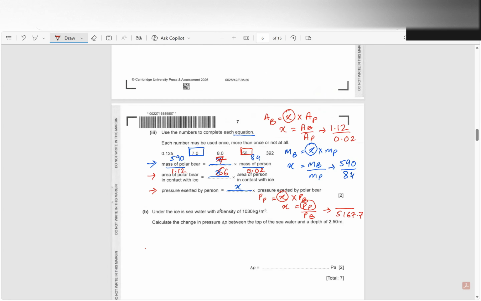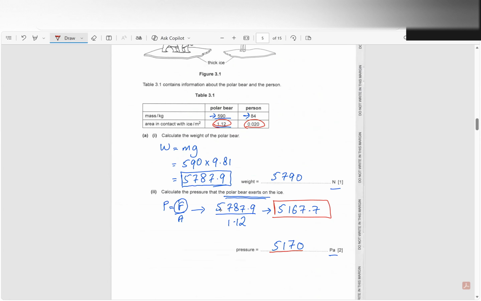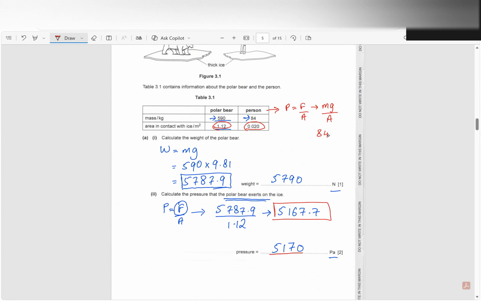To find pressure of person, we have a formula: pressure is equal to force over area. Force is going to be weight, M times G, and area as it is. Mass of the person is 84 and gravity is taken as 9.81. We have area in contact 0.02. So what is going to be the answer here?